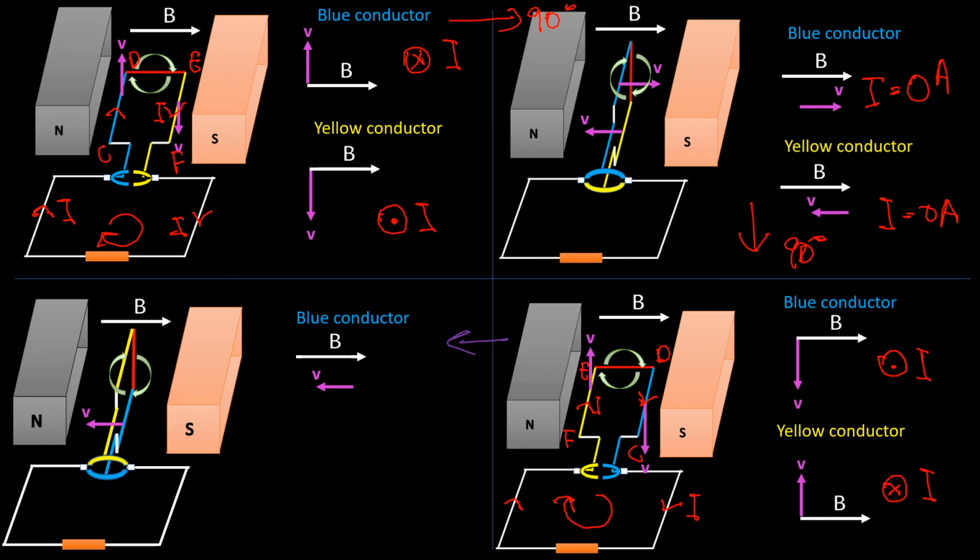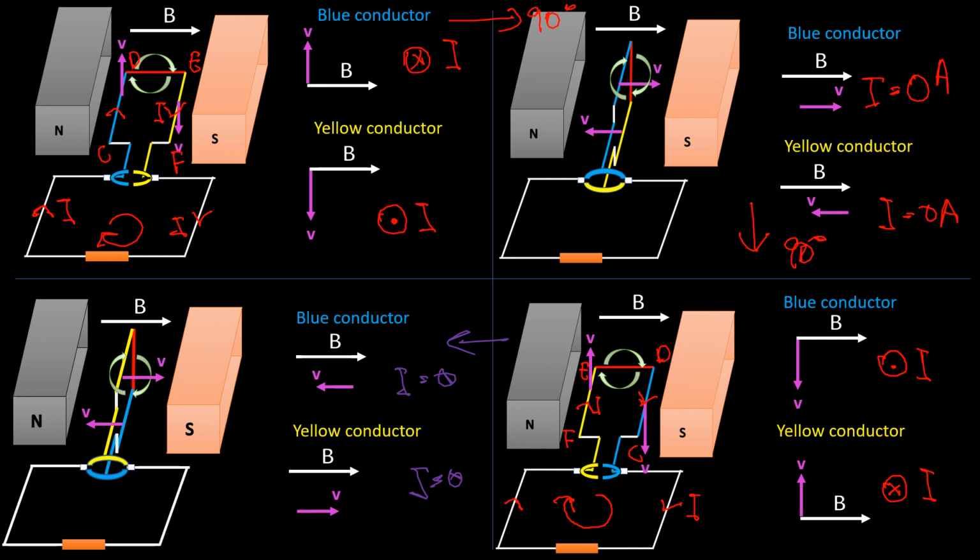So this has no current flow through it because they are 180 degrees to each other. Well, for your yellow conductor, your motion is to the right. So your V is pointed to the right and your B is pointed to the right. So both are in the same direction, so there is no current flow through it.